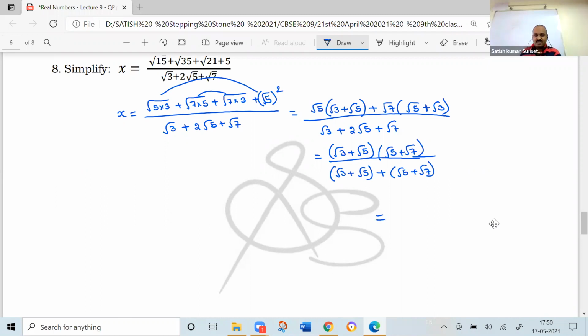It is in the form of the numerator a product and the denominator a sum, so you cannot separate the terms. Let us take the reciprocal. So 1 upon root 3 plus root 5 plus root 5 plus root 7, all divided by (root 3 plus root 5) into (root 5 plus root 7).